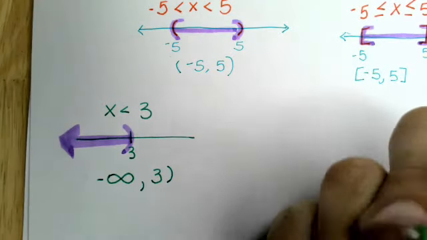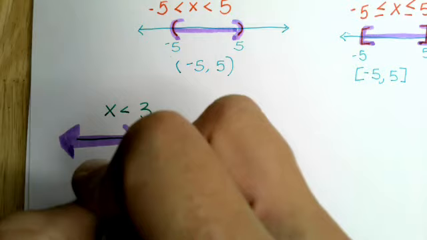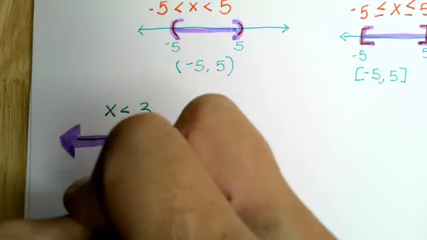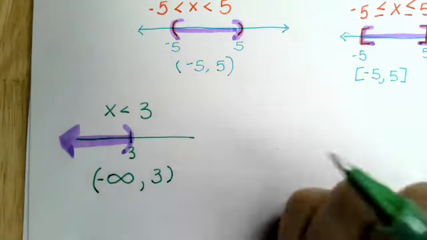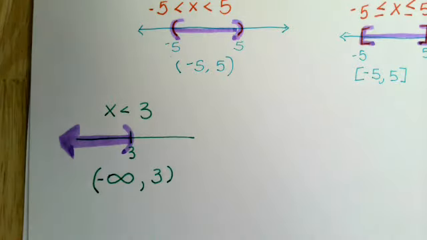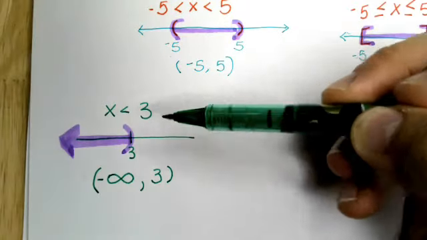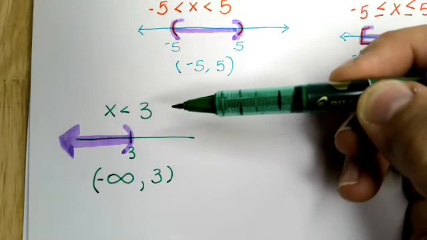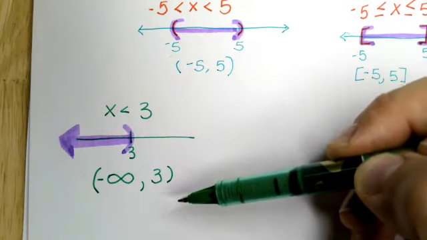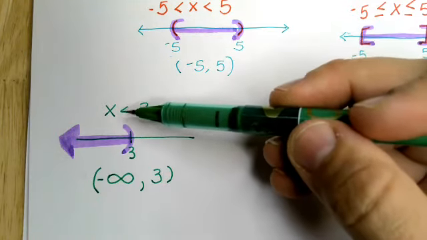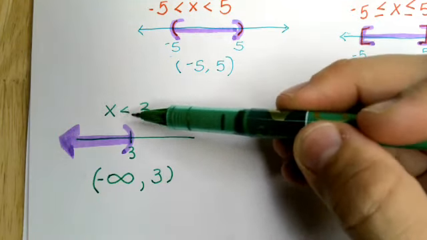Negative infinity always gets a parenthesis because there is no final number to include. It goes forever, so there's no including the last number of negative infinity. There's no including the last number of infinity. So here is the inequality, here is the graph, and here's the interval notation of x, every number less than 3.